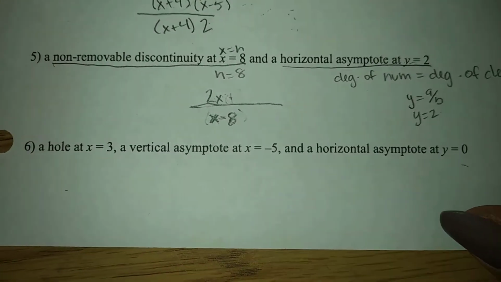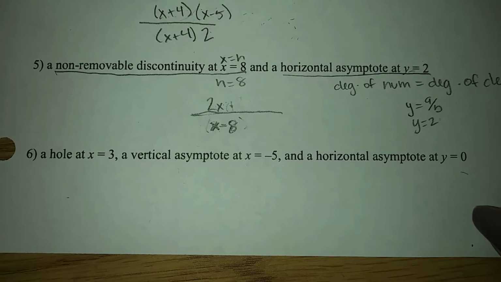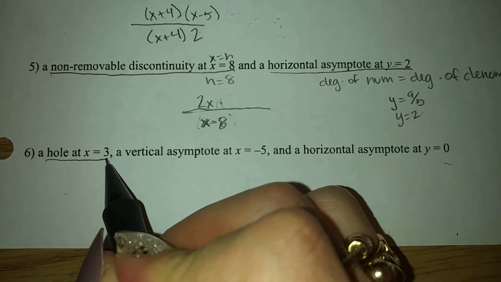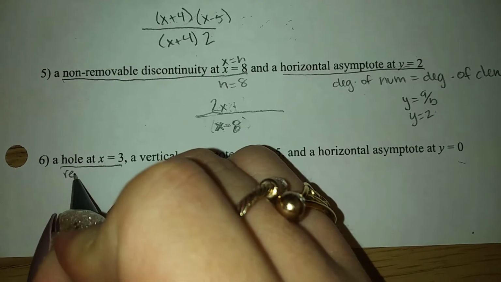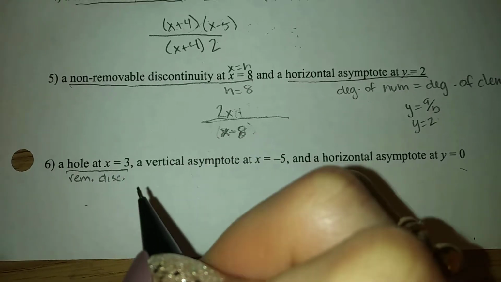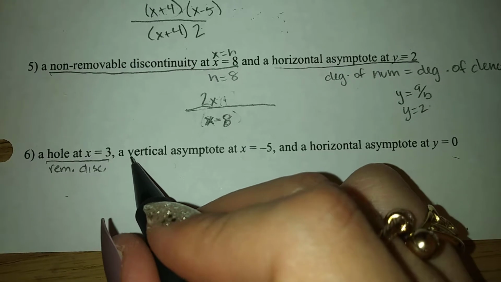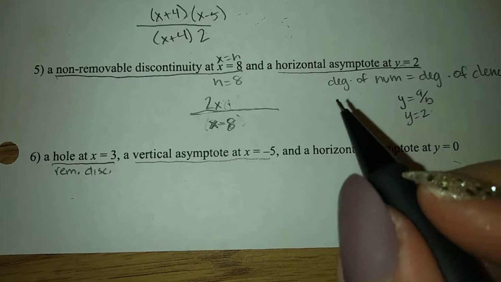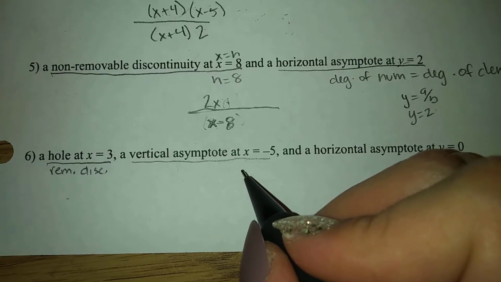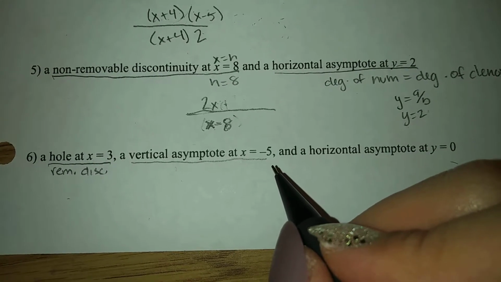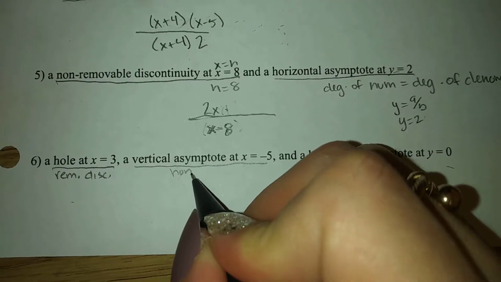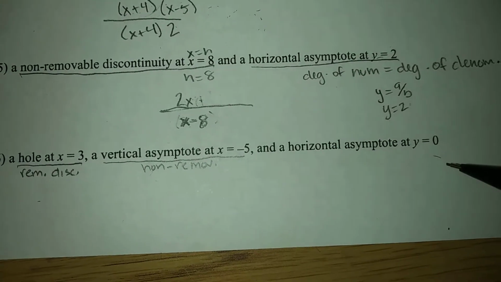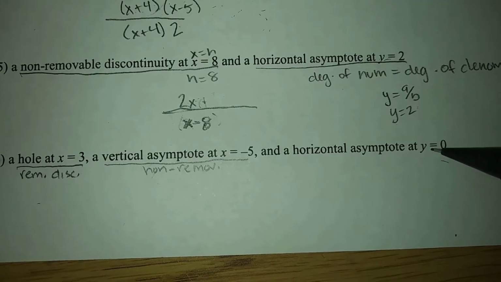Now, our last example, they want us to write a function with a hole at x equals 3, which means removable discontinuity, a vertical asymptote at x equals -5, which is weird because that means a non-removable discontinuity, and a horizontal asymptote at y equals 0.